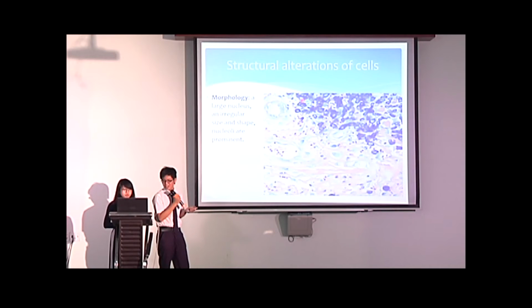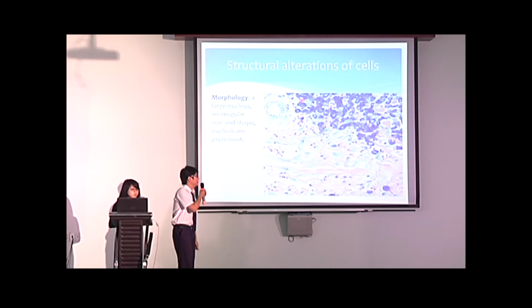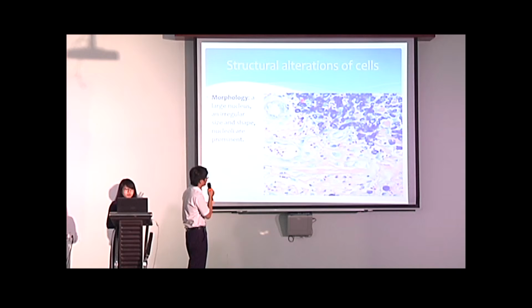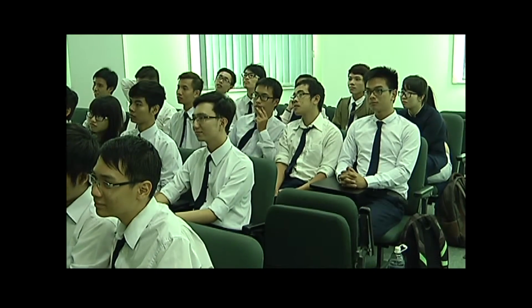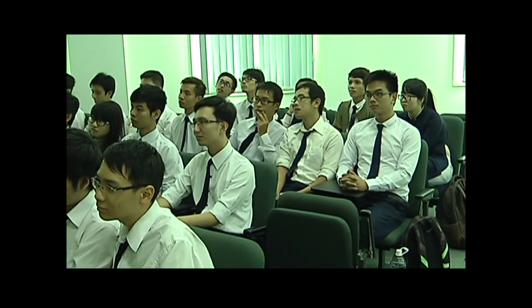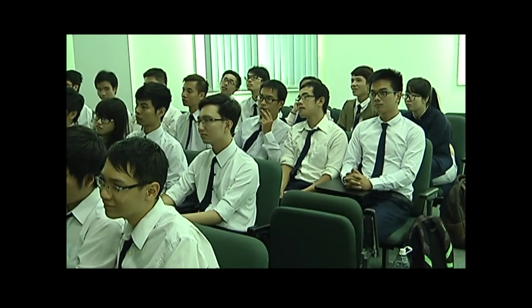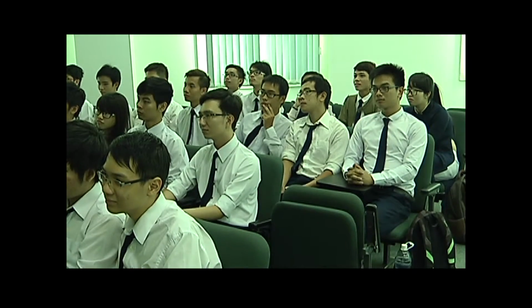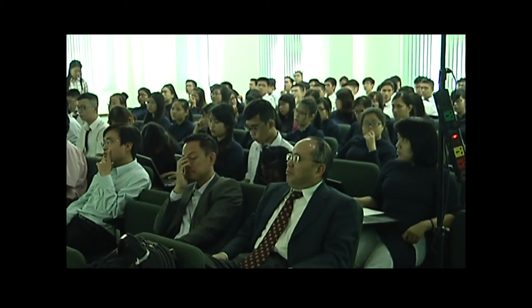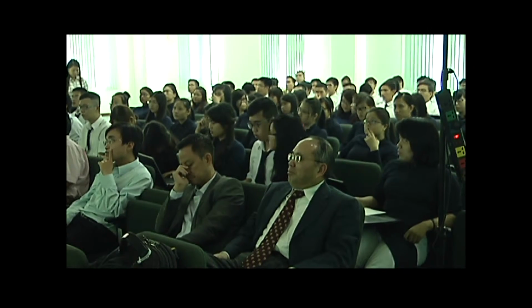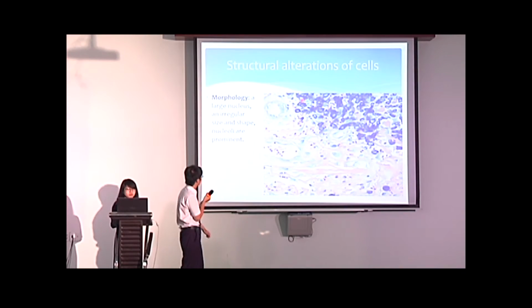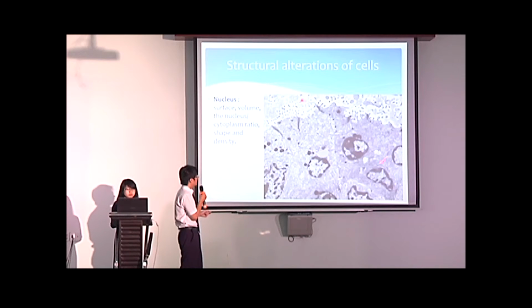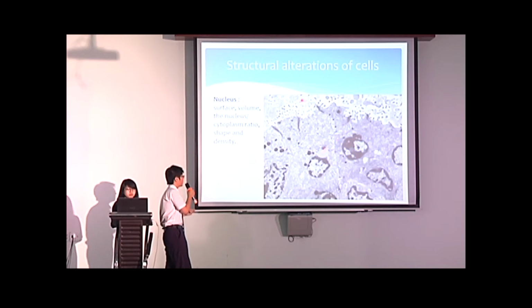Next, we will talk a little bit about morphology. In general, the morphology of the cancer cells you see here is a large nucleus, irregular in size and shape, and the nucleolus is prominent. Now we're going to the center of the cells.